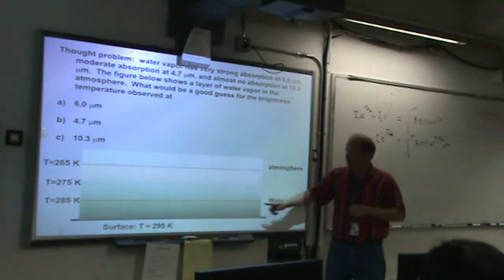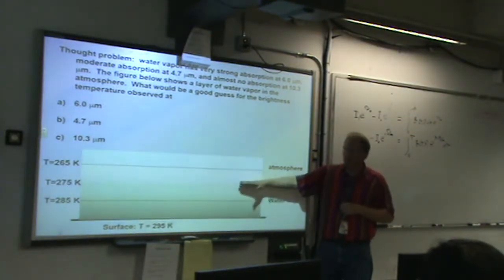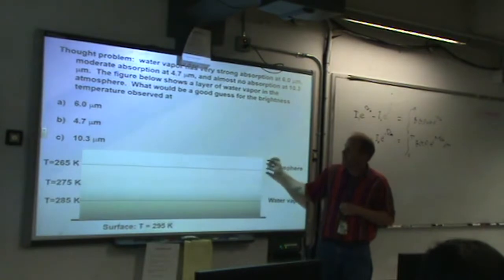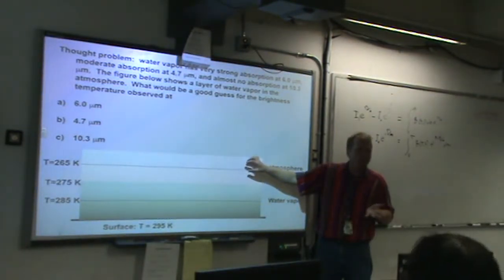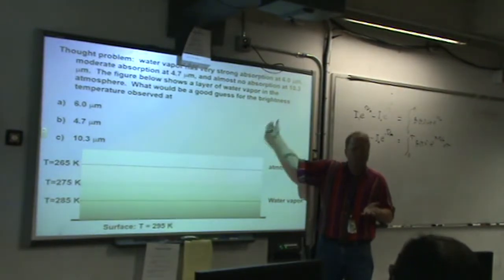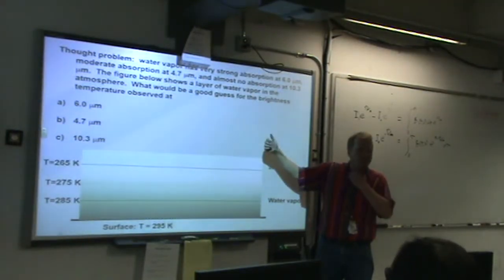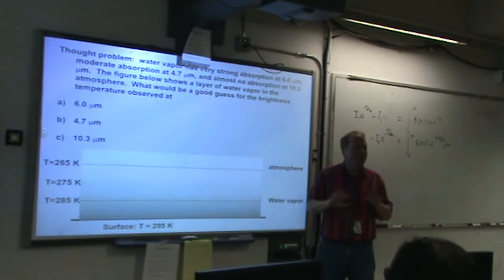At 6 microns, everything from the surface is really going to be absorbed. All that you're going to see is what is emitted from the higher part where it's much colder, and then there's no absorption because there's no water above. Okay? Does that make any sense?